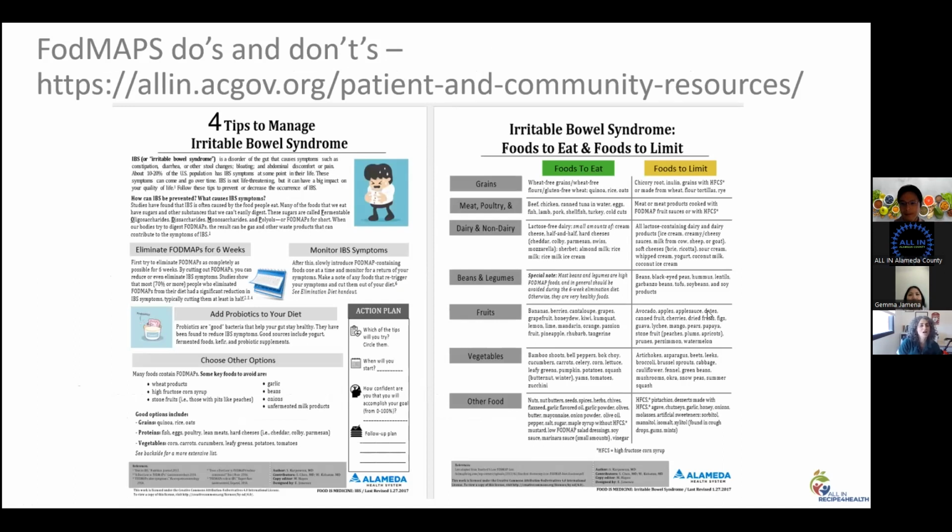So the idea is not to take these foods out long term, but to take them out short term so that patients feel better, and then slowly add them back in bit by bit. Usually they start to develop more of a tolerance to these foods once they add them back in. So the idea is not to eliminate them permanently, but to help patients reset and then add them back in. Great point.